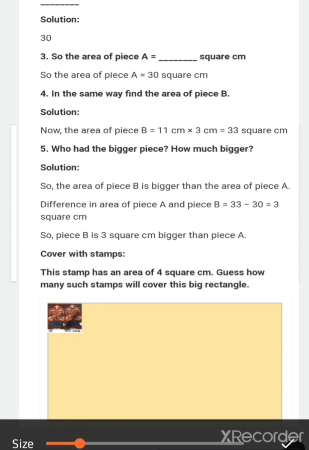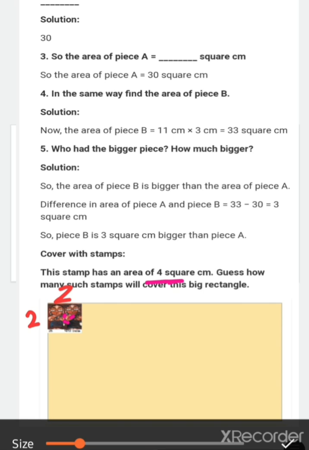In the question it is given that the area of one stamp is 4 square centimeter, and you can see the square in this rectangle. This stamp is in the shape of a square.